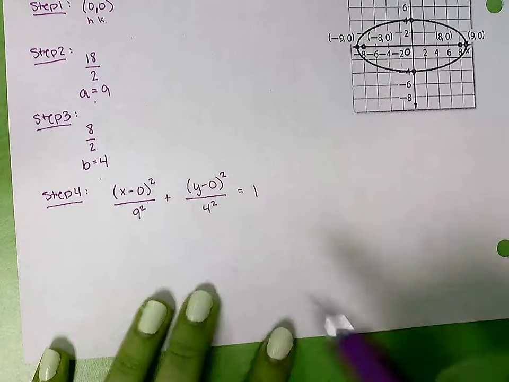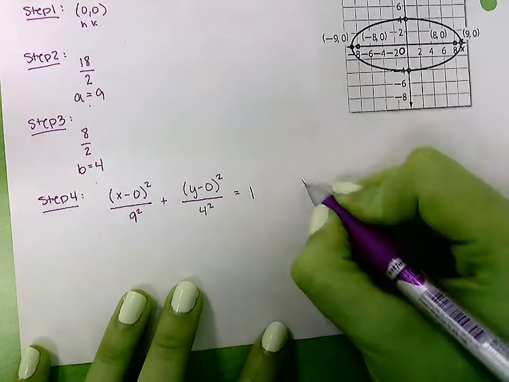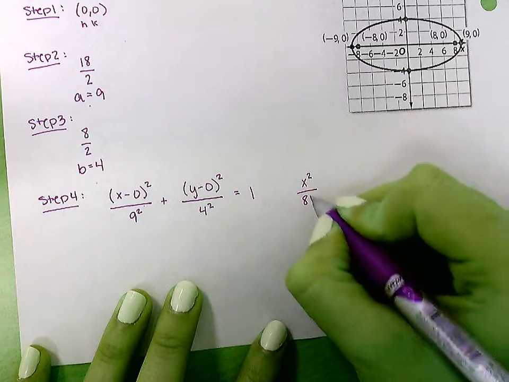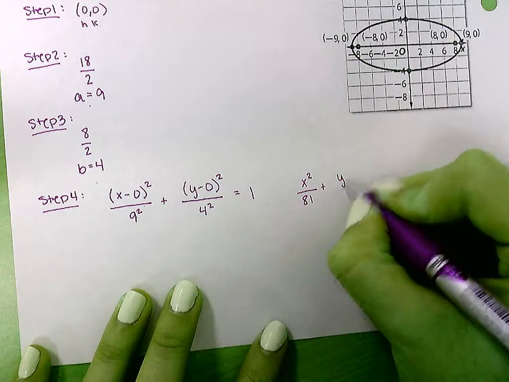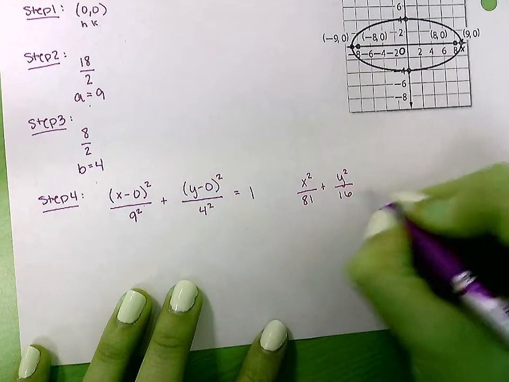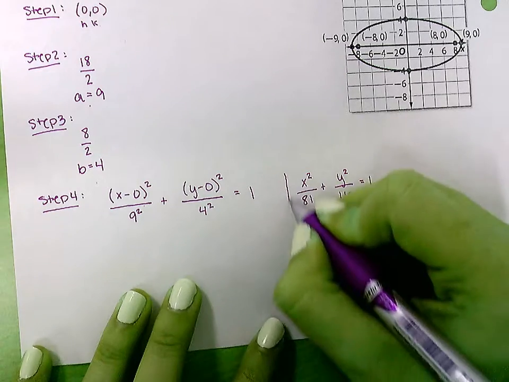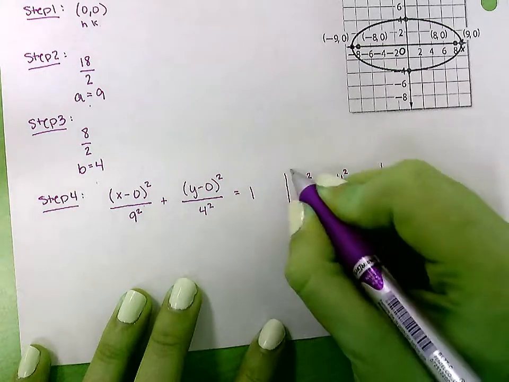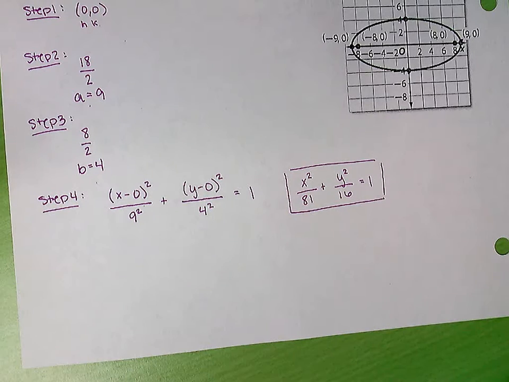Now I can just simplify. So I have x squared over 81, plus y squared over 16, and that's equal to 1. Any questions? Does that make sense?